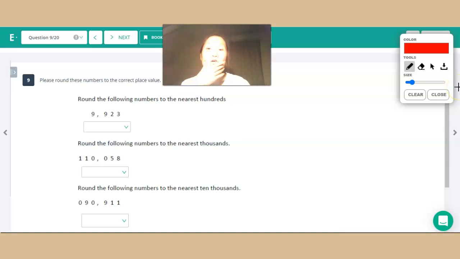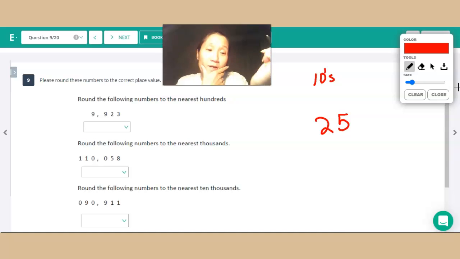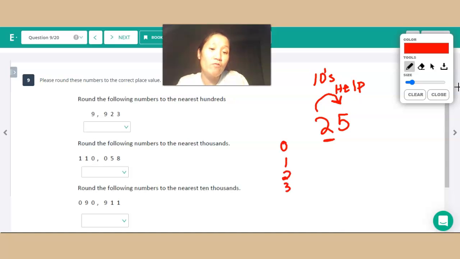So if I'm going to look at this problem, I think we just need to do a little introduction here. If I'm going to take the number 25 and round it to the nearest tens, I ask, what digit is in the tens place? Well, the 2 is in the tens place, so I underline it. Then I look to the neighbor on the right-hand side for help, and I decide: is it 0, 1, 2, 3, or 4?